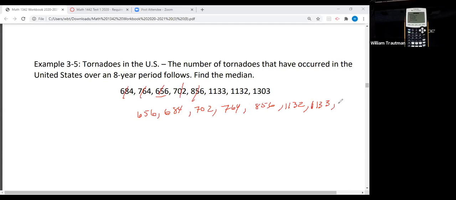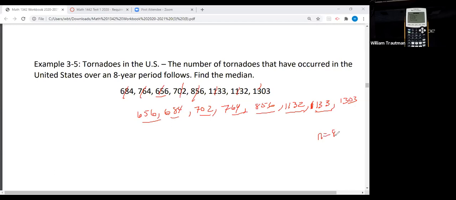And then 1303. If we count this data: 1, 2, 3, 4, 5, 6, 7, 8.